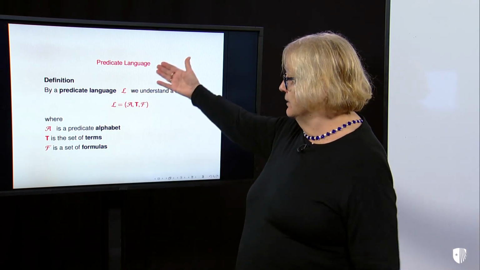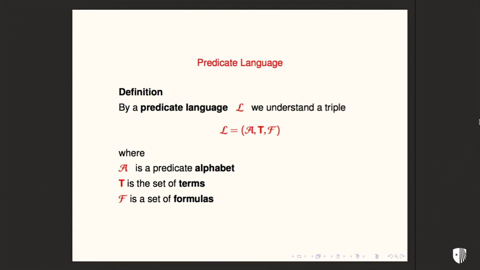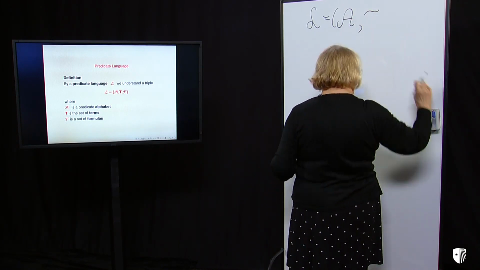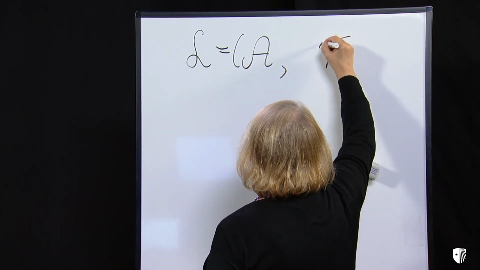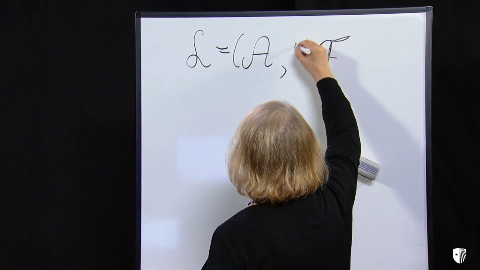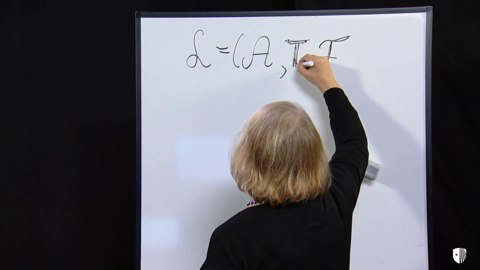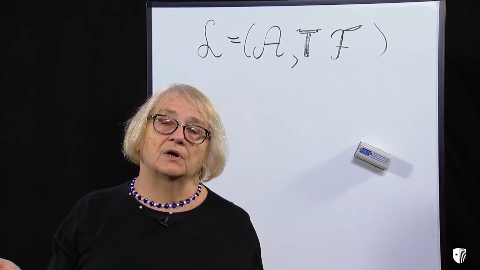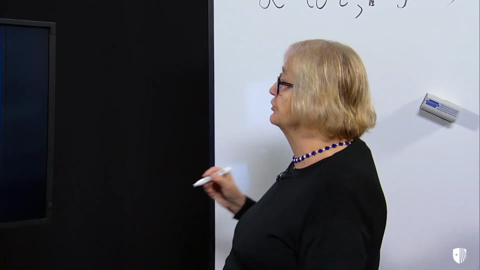So a predicate language L is, as before, an alphabet, as before a set of formulas, but we add a new set, T. I use the fat T because a lot of books and literature use the fat T for the set of terms.